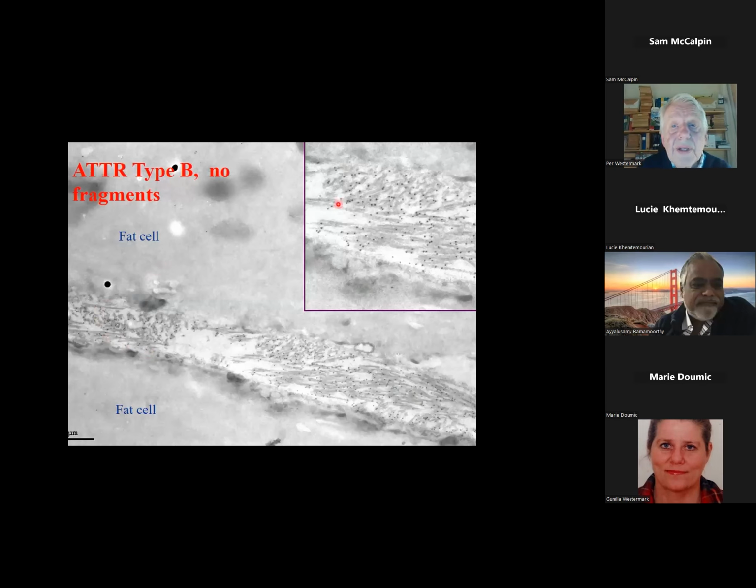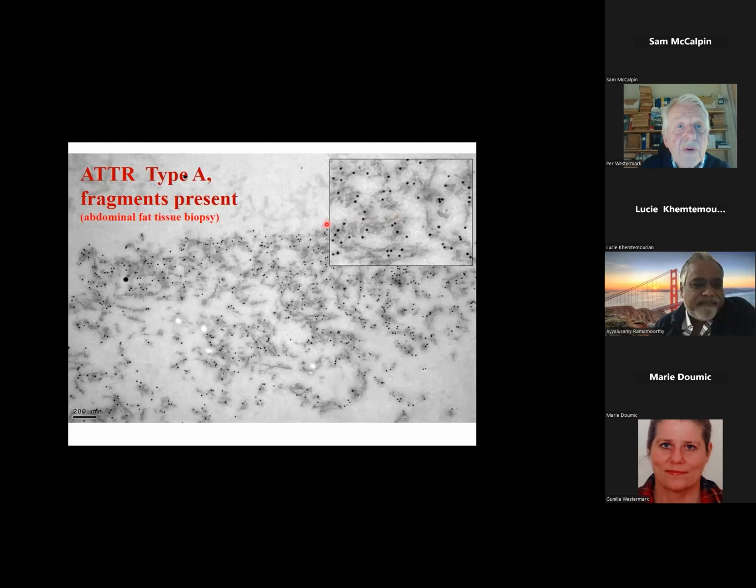And in the subcutaneous fat tissue, you can see the typical type B pattern with parallel fibrils, or type A with these short and haphazardly oriented fibrils.